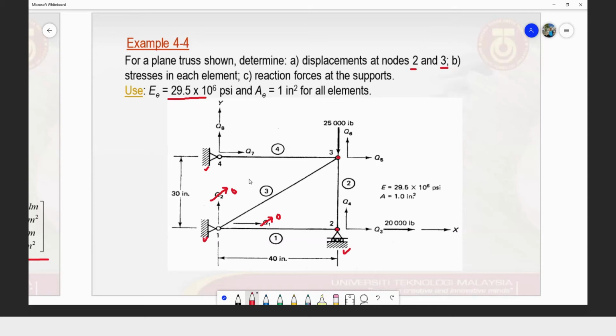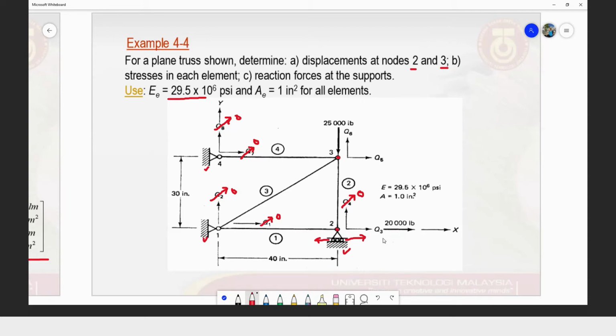Number 4 has a similar boundary condition, so the displacement will be equal to 0 in both x and y. For point number 2, we have a roller oriented in this direction. So we expect that point number 2 has the flexibility to move to the left and to the right, but there will be no displacement in the vertical direction due to the fixed support here.